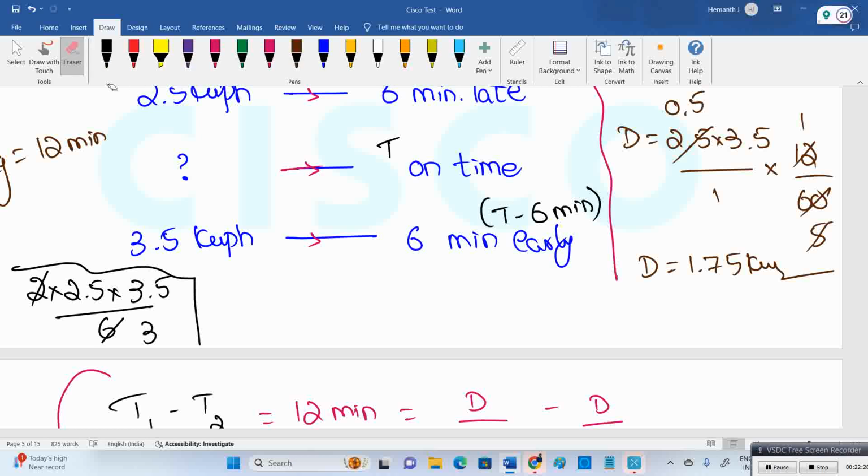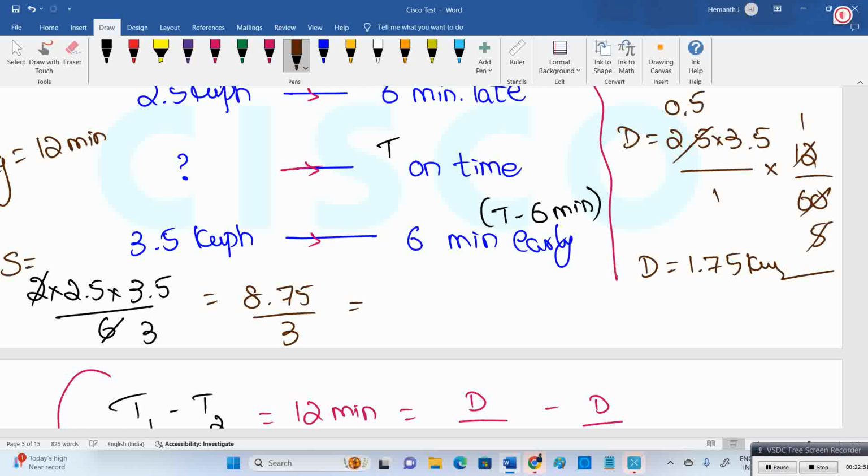If you do the entire calculation, I said close to 3 will come, but the answer is not 3. Many people may say 6 minutes, 0, and all, 2.5, 3.5. No. If you want to go on time, the speed you need to maintain is 2.5 into 3.5 divided by 3, which is 8.75 divided by 3, times 2, and we have 2.9, close to that. 2.91667 like that it will come.